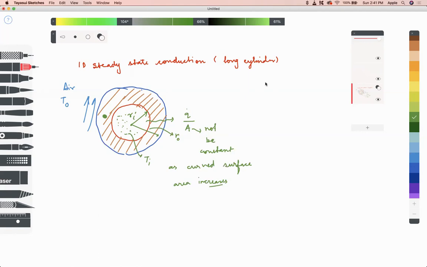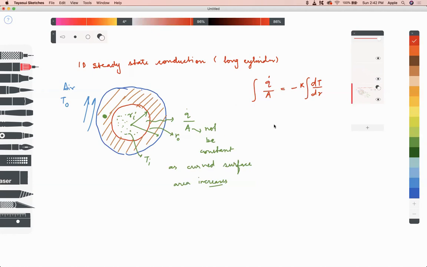Now, if you want to do the calculation again, so again we will have here Q dot by A. Standard Fourier law we are going to use: minus K into dT dr. This time the heat is going in the radial direction, so we are taking dT dr, and we are going to integrate this side.